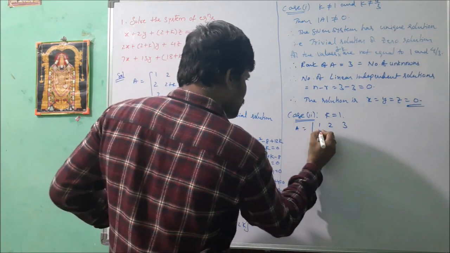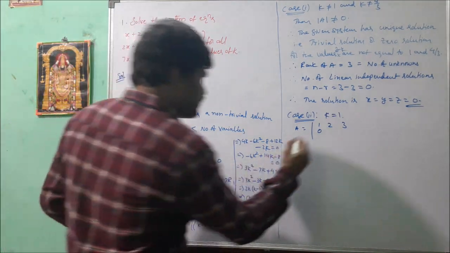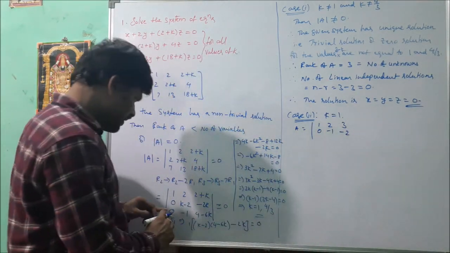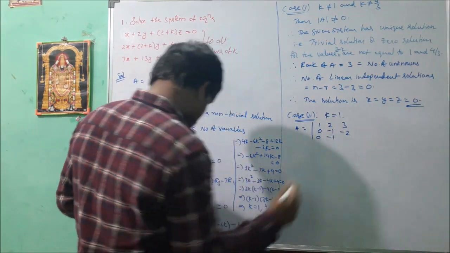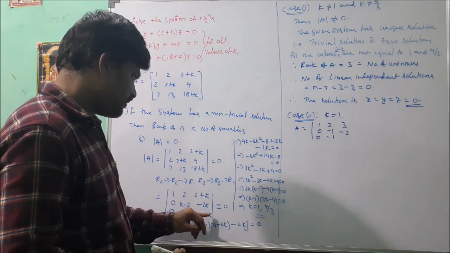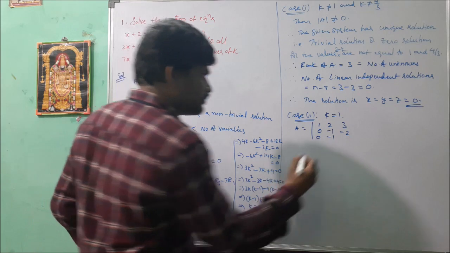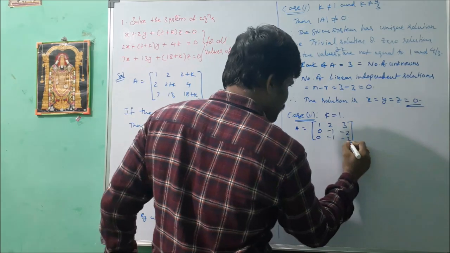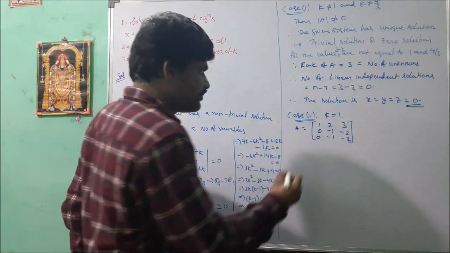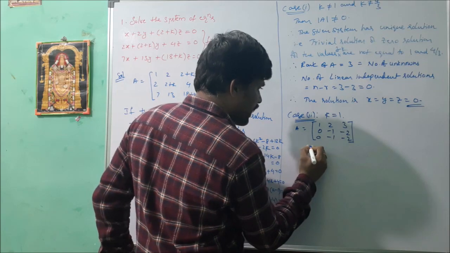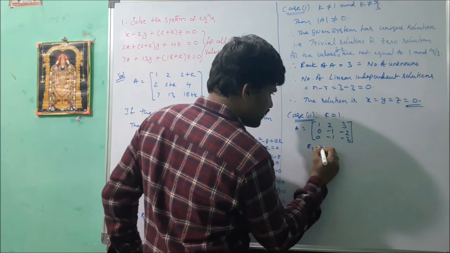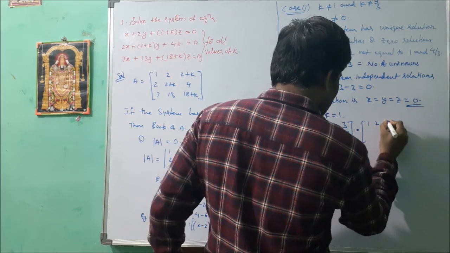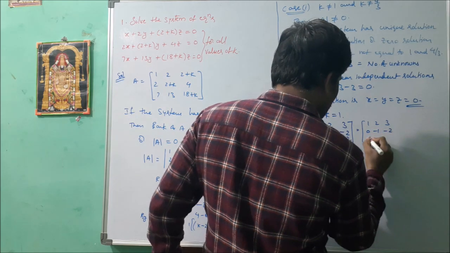Second row 0, 1 minus 2, that is minus 1, minus 2 into 1, minus 2. Similarly, the third row is 0, minus 1, 4 minus 6 into 1, that is minus 2. Now we take the row transformation R3 changes to R3 minus R2, which gives 1, 2, 3; 0, minus 1, minus 2; 0, 0, 0.